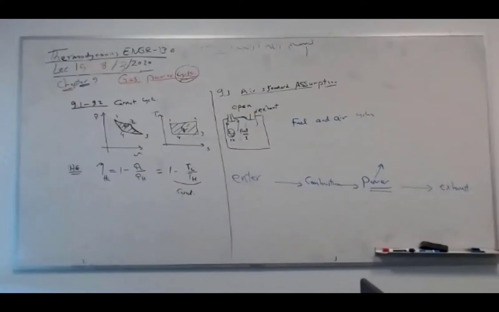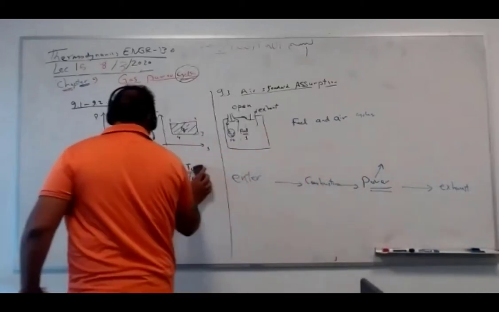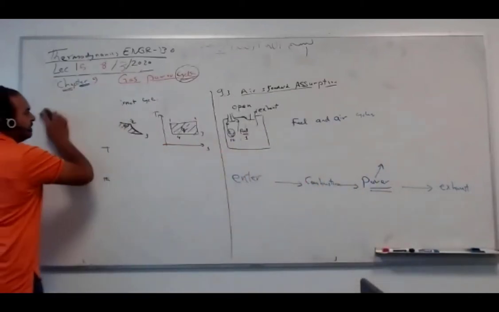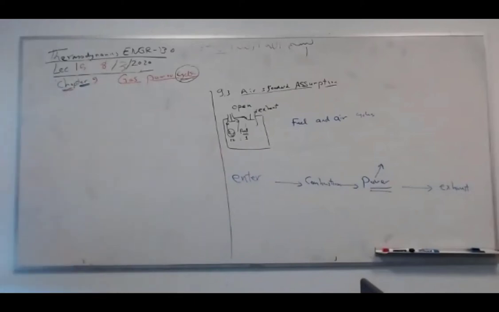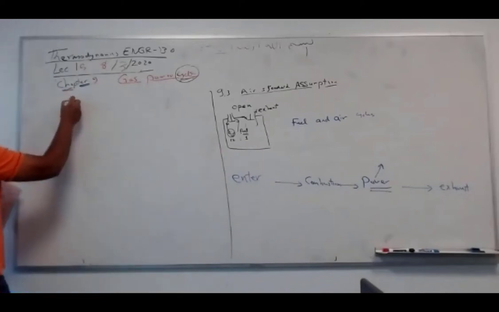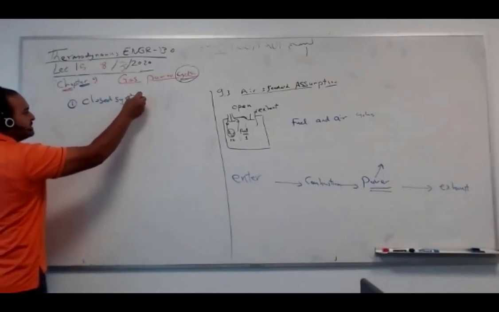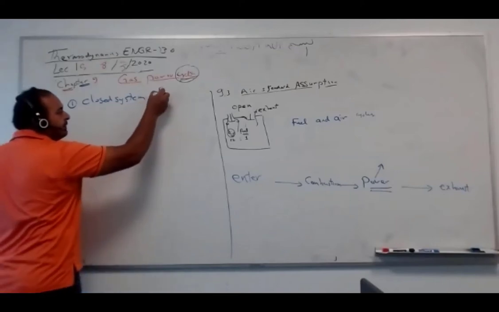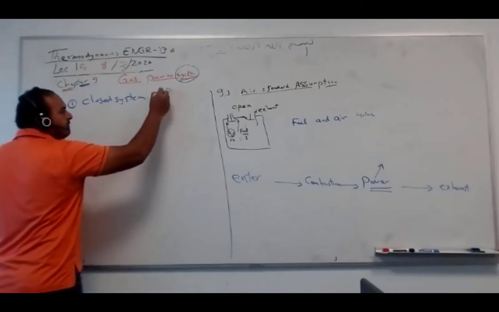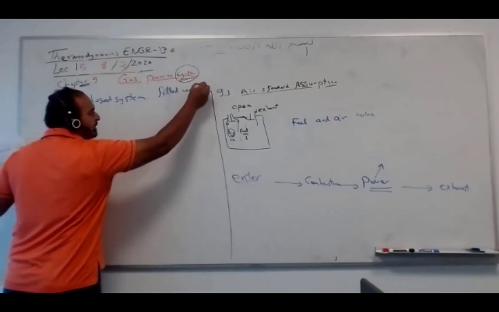What are our assumptions here? Let's write the assumptions together. There are 4 basic assumptions in section 9.3. First, we assume a closed system filled with air. This is page 2.